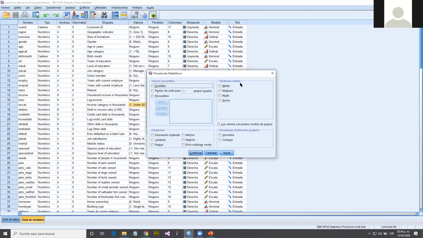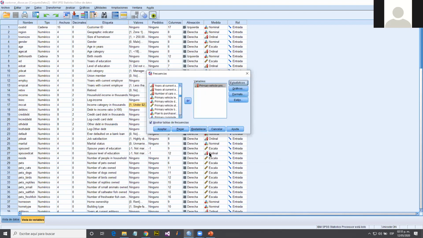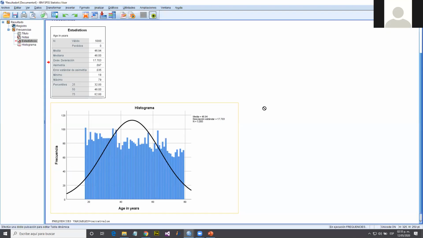In ordinal variables, this measure doesn't mean anything. This analysis is mainly for scale ones. In the case of ordinal and nominal variables, we are going to use frequencies instead of statistics. Okay, thanks. Welcome.